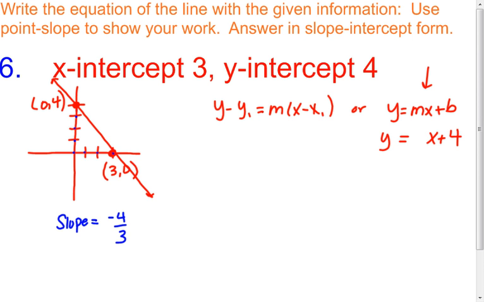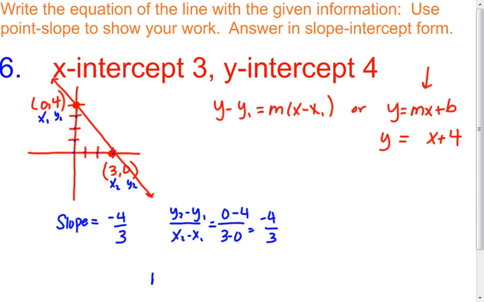If you didn't draw a picture, you could always call this point x1, y1 and this one x2, y2, and follow the formula y2 minus y1 over x2 minus x1. And still do 0 minus 4 over 3 minus 0 and get negative 4/3 that way.